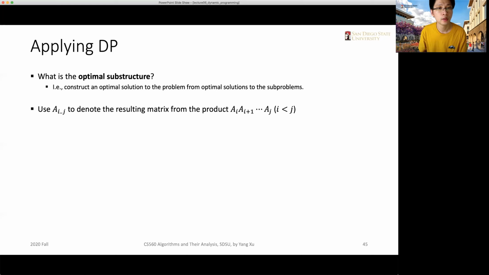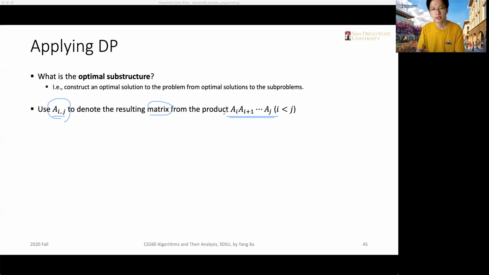Now we can use some new notation. This A with subscript i to j indicates the resulting matrix. This whole expression is the matrix from the product of Ai times Ai plus 1 up to Aj, from these small segments within the original problem.